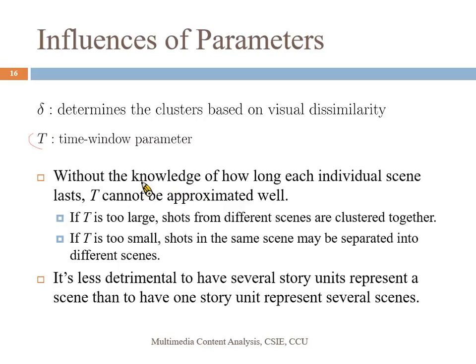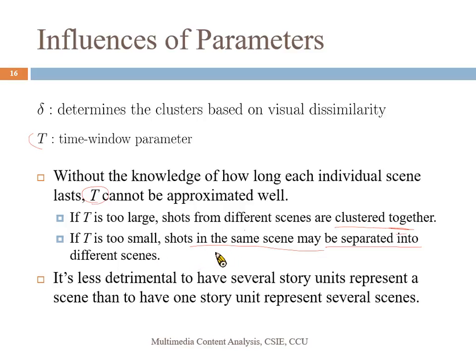Without knowledge of how long each individual scene lasts, T usually cannot be approximated well. If T is too large, then shots from different scenes may be clustered together. If T is too small, then shots in the same scene may be separated into different scenes.